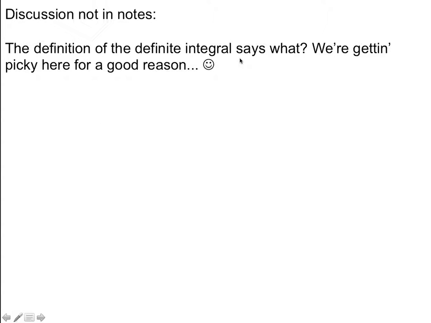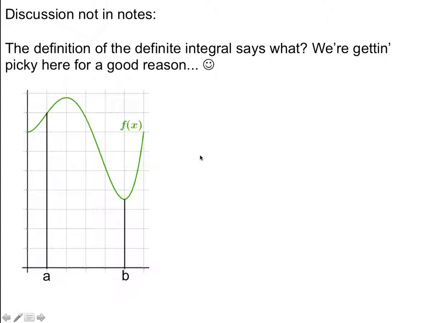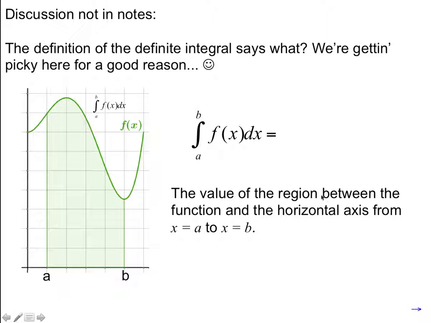But if we go back to our definition of a definite integral from the last unit, if we have a function and we want to take the definite integral of that function from a to b, then this definition strictly says that we're capturing the value of this region, and the real strict wording is that it's the value of the region between the function and the horizontal axis, so between this function and this axis in this area from a to b.